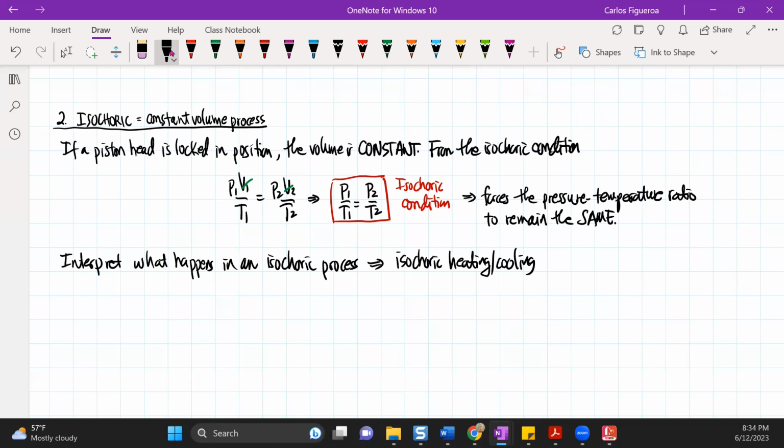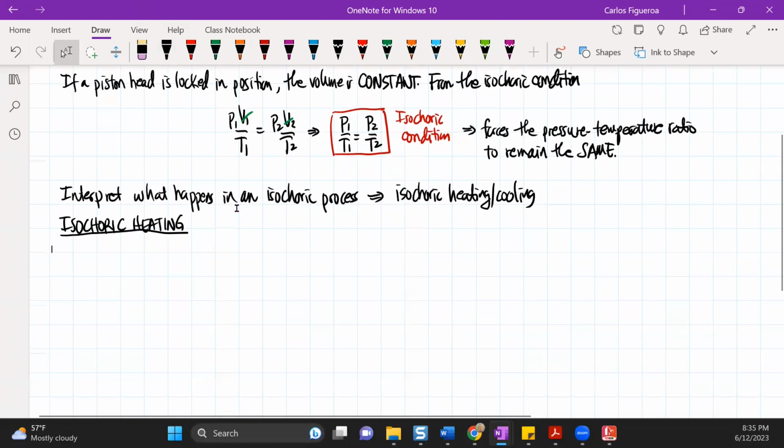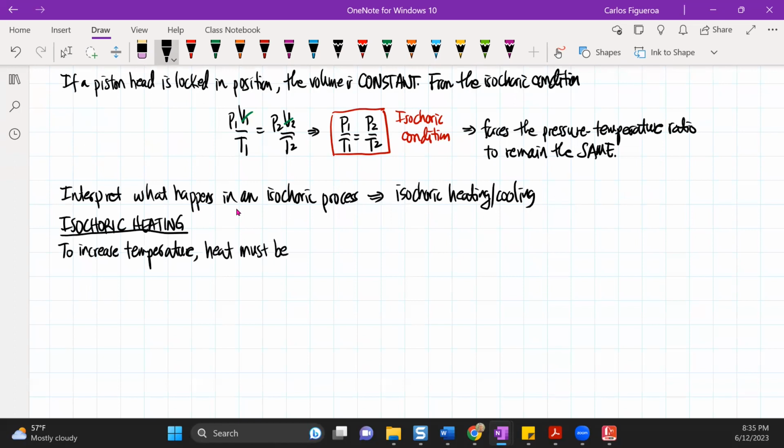So let's start with isochoric heating. So what we have to do here is that we have to increase temperature. So to increase temperature, heat must be added.